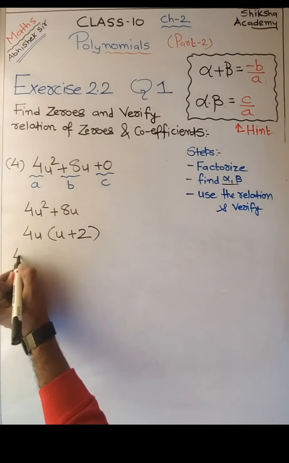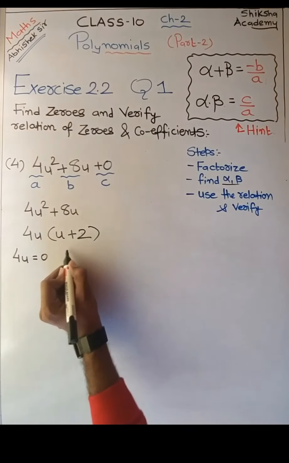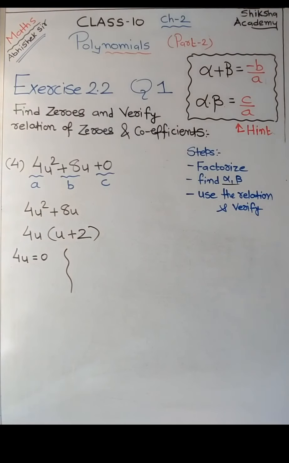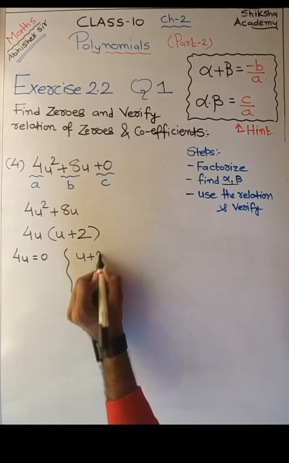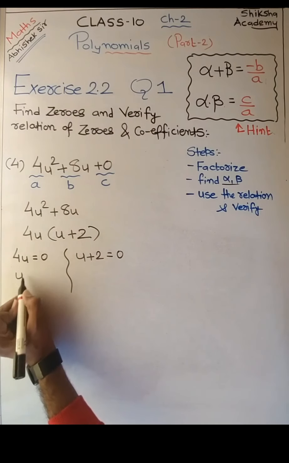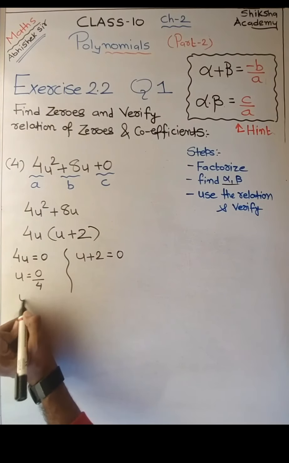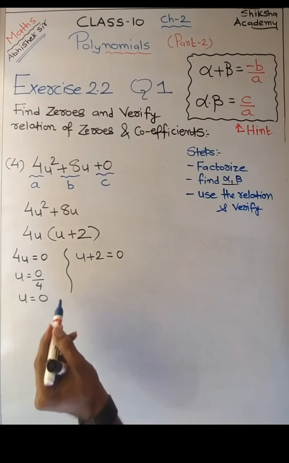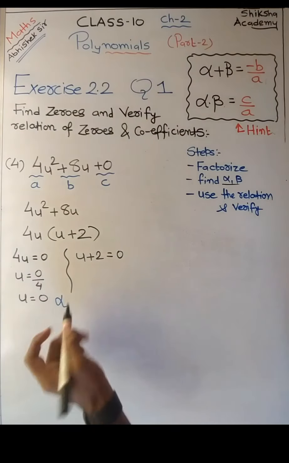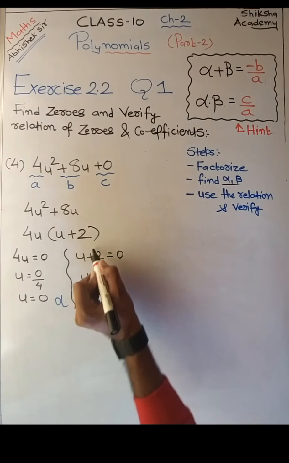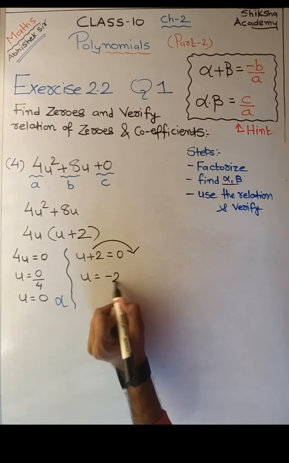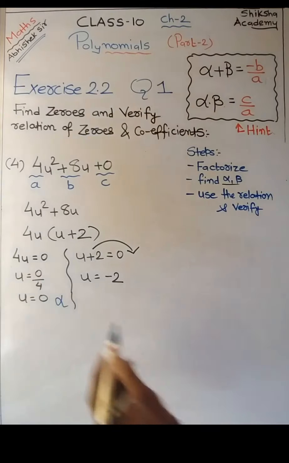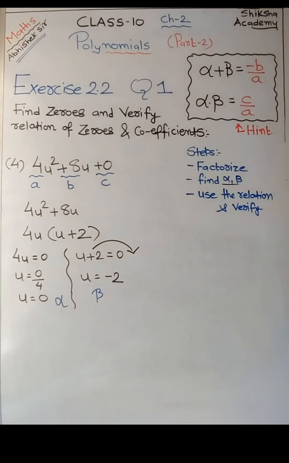So quickly comparing them with 0, we will get alpha and beta. So u plus 2 equals 0, u equals 0 by 4. Finally you get u as 0. That is nothing but our alpha. Over here, take this plus 2 on this side, you get minus 2, and this is our beta, right?